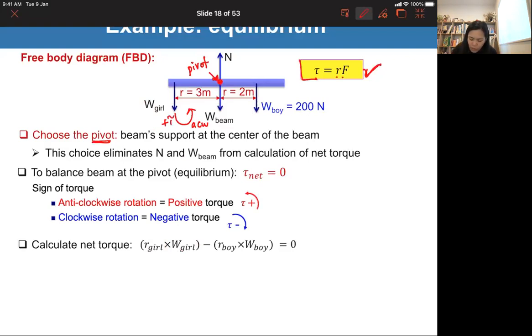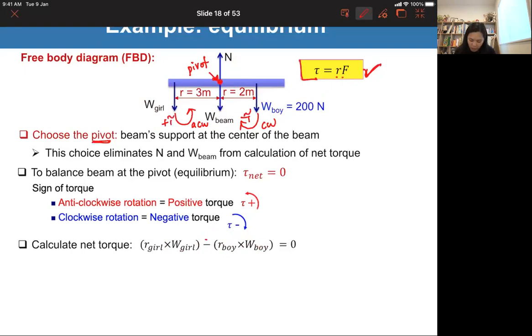Normal force and weight force of the beam don't contribute to torques. Next, the torque due to the boy is equal to the lever arm of the boy times the weight force of the boy. But that should be negative because the tendency of the weight force of the boy is to rotate the beam in a clockwise direction, and clockwise rotation is negative torque.